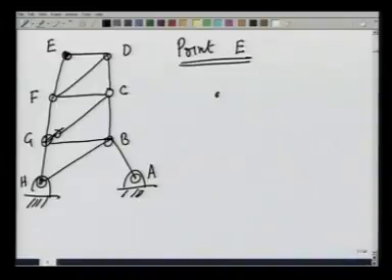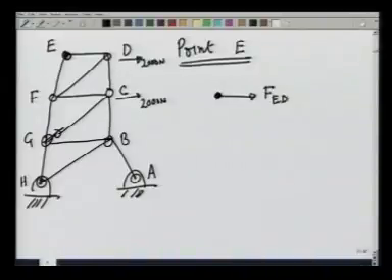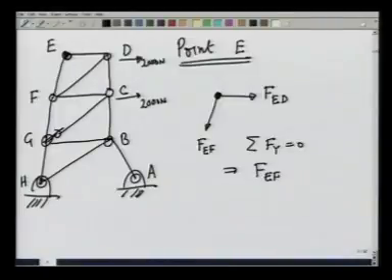At point E, there are only two forces. This is of course loaded with 2000 newtons each. There is a force, let us call it F_ED, and there is a force F_EF. Right away, if I do summation Fy equals 0, this gives me that F_EF sine of whatever that angle is should be 0, and therefore F_EF is 0.